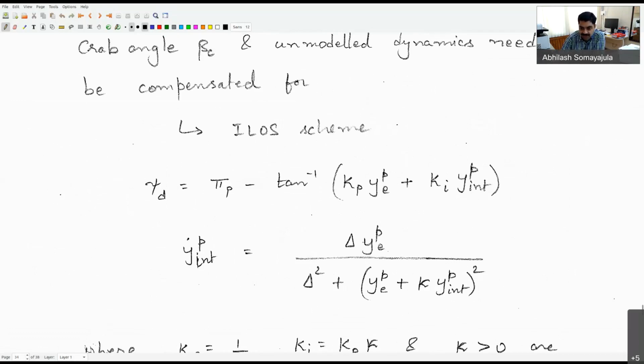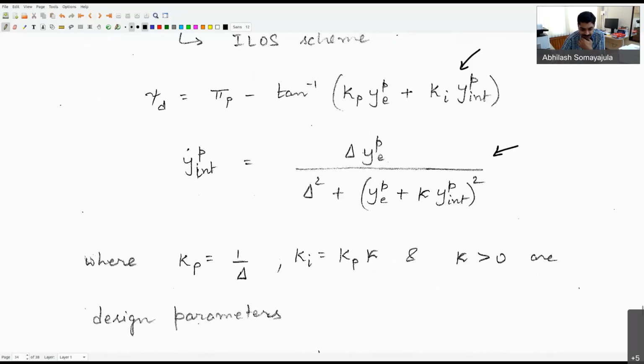We take care of it using this term ki times yp int, where yp int's dynamics is given by this. This is chosen such that the system exhibits uniform semi-global exponential stability, so that it promises us certain characteristics in terms of robustness.